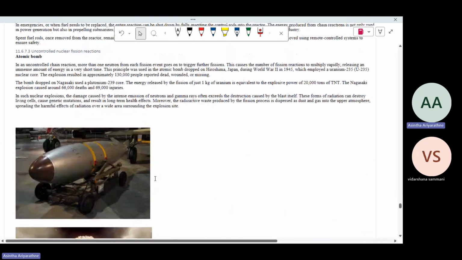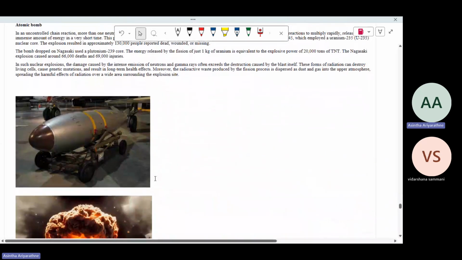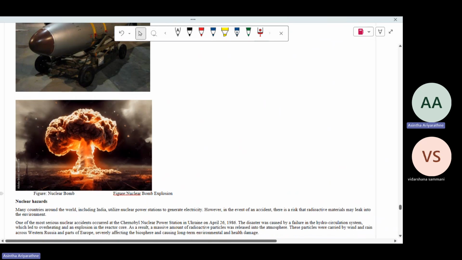So totally, when it is started, it would go on continuously without any control. You can imagine the disaster. So this is the nuclear bomb explosion. By using one nuclear bomb, maybe most of Sri Lanka would be damaged.